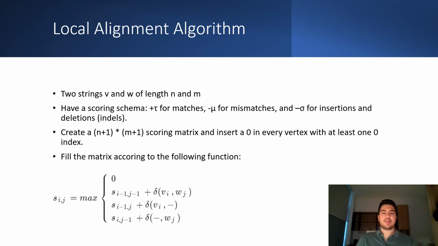The formula basically indicates that you should take the maximum of four values: 0, the value at the left up diagonal plus the match reward or mismatch penalty depending on if the two characters match, the value of the left vertex plus an indel penalty, or the value of the upper index and an indel penalty. So in this formula, you can see that any vertex will be non-negative since we have a 0 in a max relation.